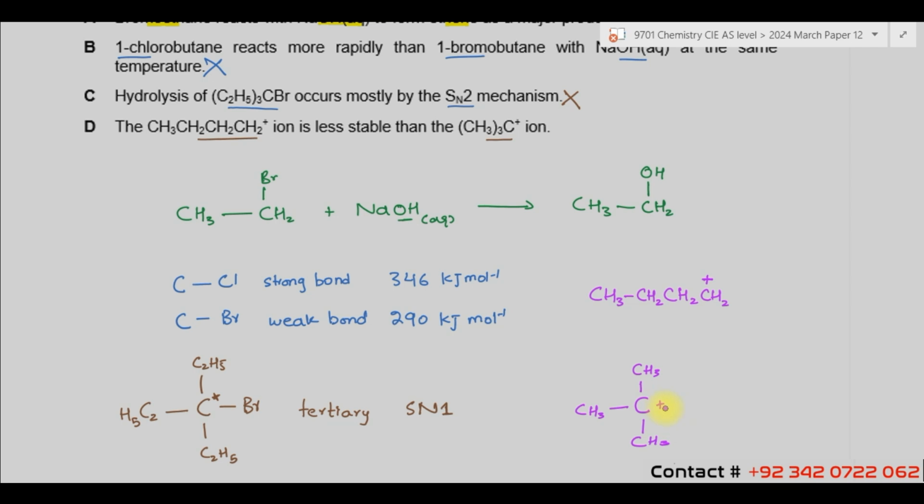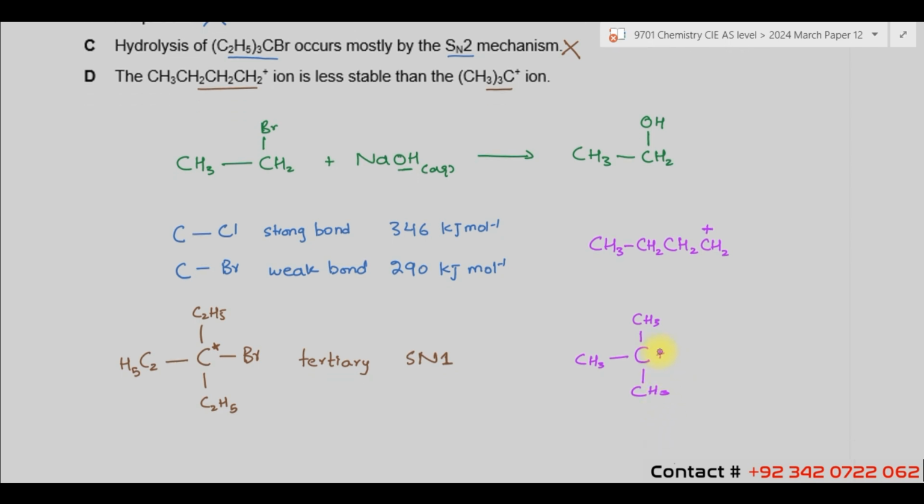Okay, now we have a positive carbon, which is electron deficient. This deficiency can be reduced by the positive inductive effect of alkyl groups. These alkyl groups are electron donating in nature, so they have a positive inductive effect. So we have positive inductive effect from 3 sides, and in this one, this carbon is directly attached to just one carbon, so the positive inductive effect is just from one side.